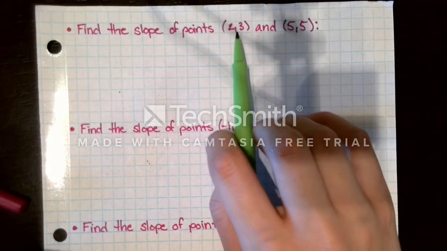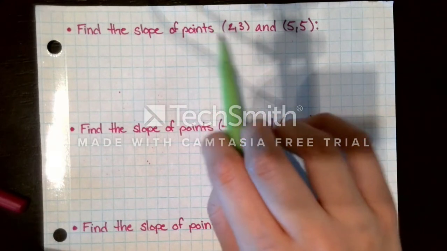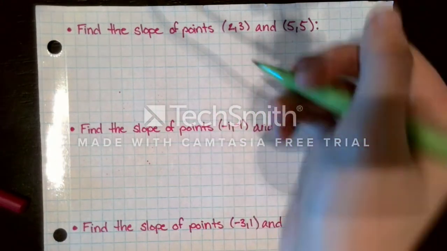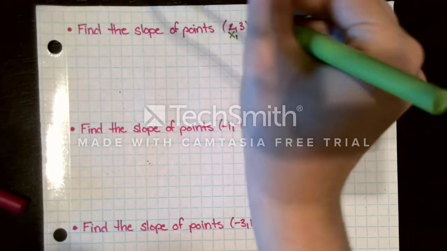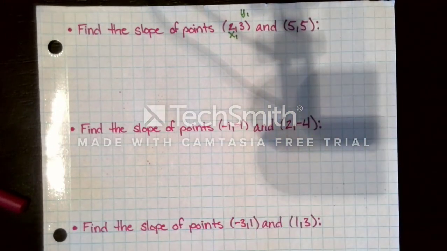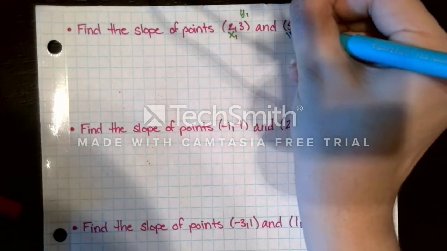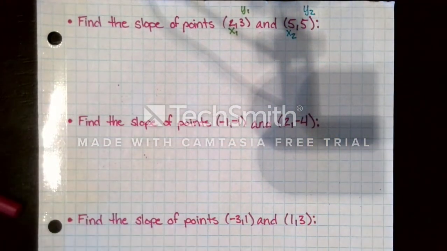Again, I always go with the first listed point as my x1 and y1. So 2 is my x1, 3 is my y1, which means that 5 is x2 and 5 is y2.